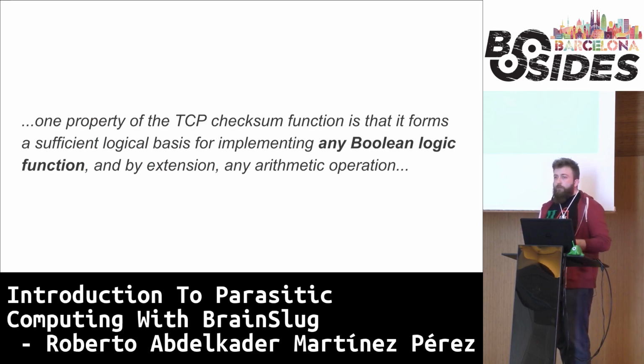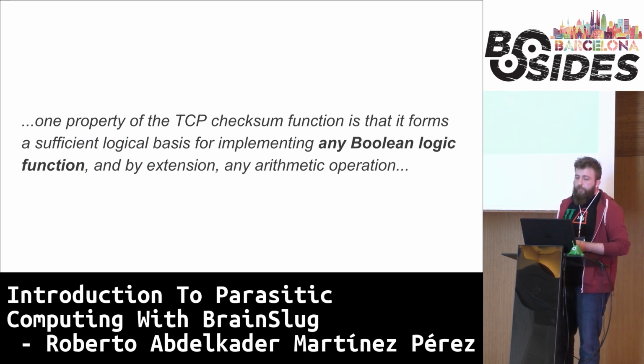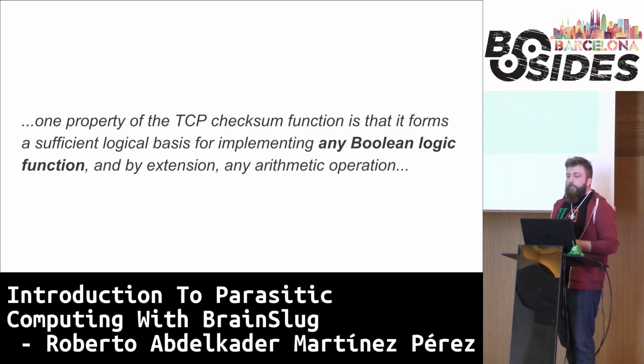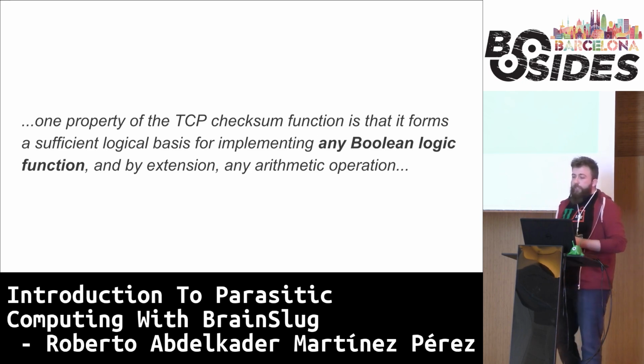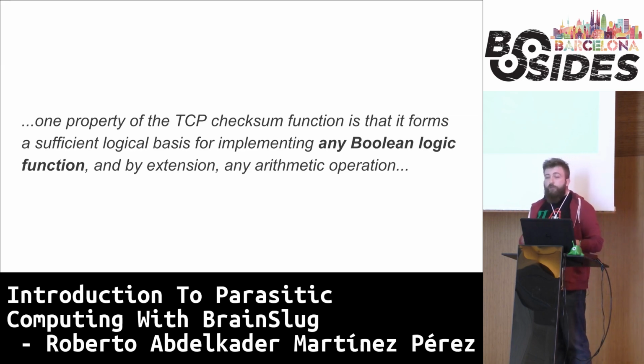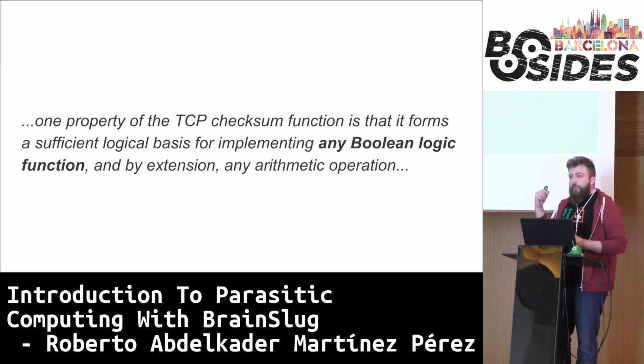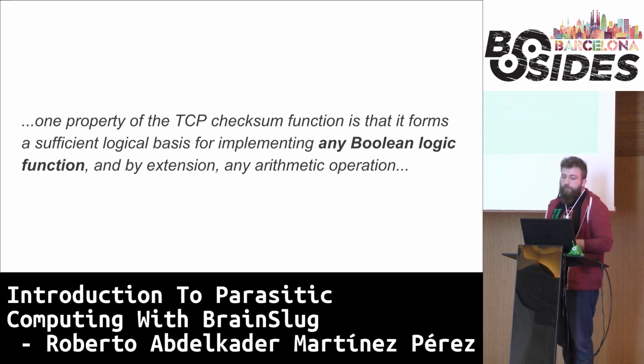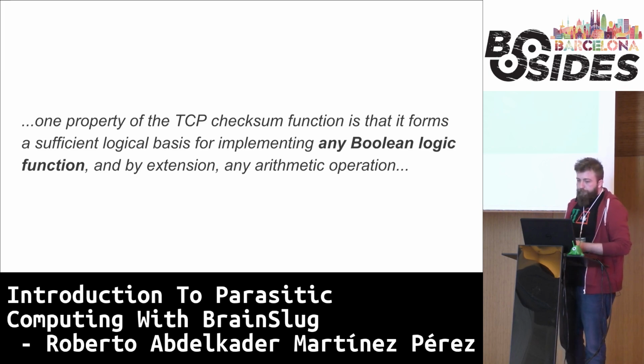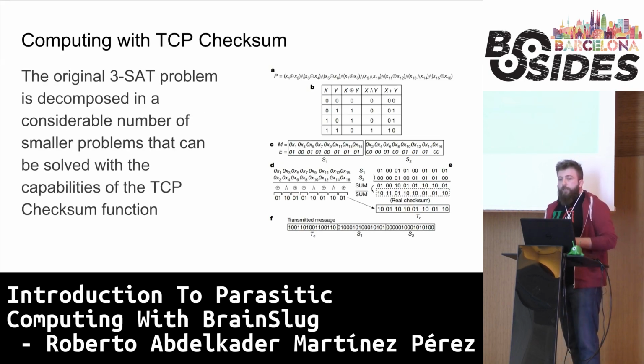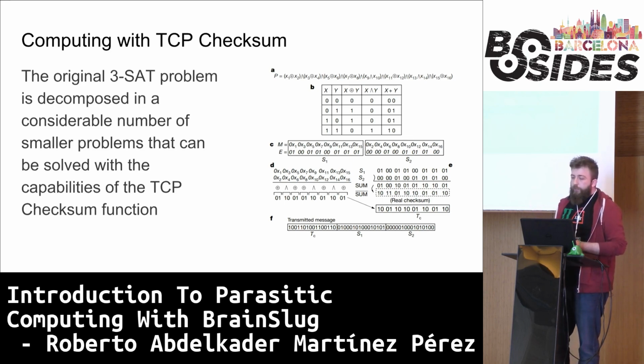Another thing that you have to know to understand this is that one property of the TCP checksum function is that it has enough logic for implementing any Boolean operation, basically, and by extension any arithmetic operation. So we are computing with the TCP checksum function.